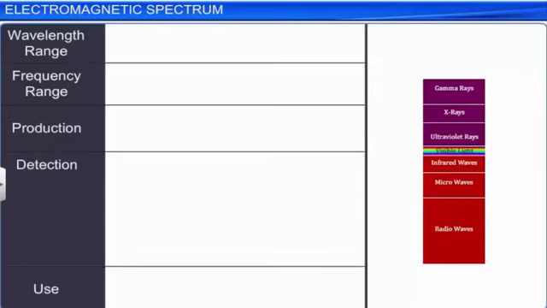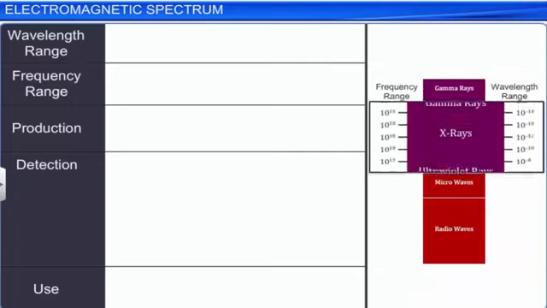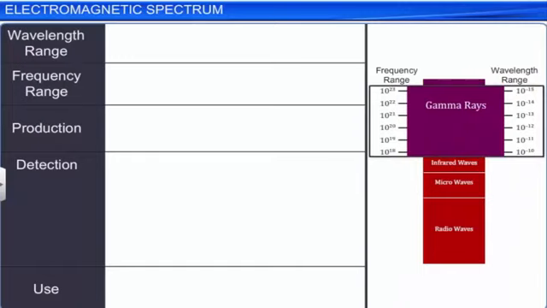First, we shall start with gamma rays, which have the minimum wavelength. In the electromagnetic spectrum, gamma rays have wavelength in the range of 10^-14 meter to 10^-10 meter.